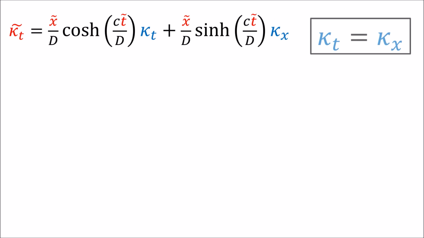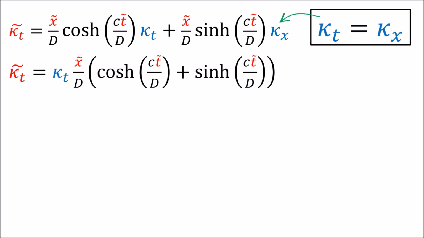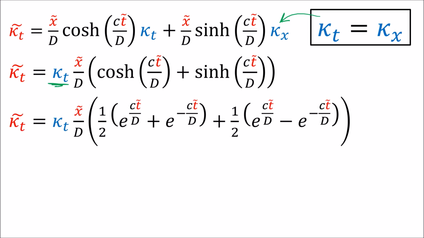Since kappa x equals kappa t, we can factor out kappa t to the front. Then we can replace cosh and sinh with their exponential representations, where cosh is 1/2 times the sum of a positive and negative exponential, and sinh is 1/2 times the subtraction of a positive and negative exponential.